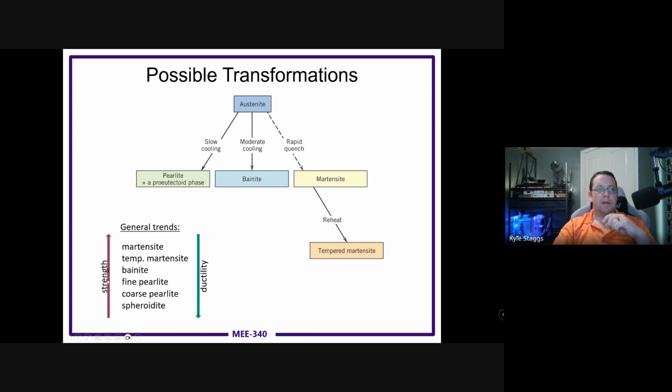So each of these terms, strength, hardness, toughness, all have unique specific meanings within the context of materials, and it's important to understand how they're different. A material can be very strong, like martensite, but not very ductile, which will make it more brittle, right?